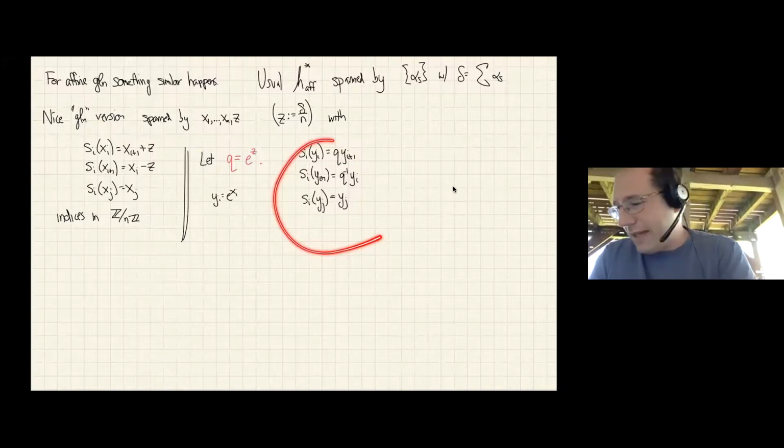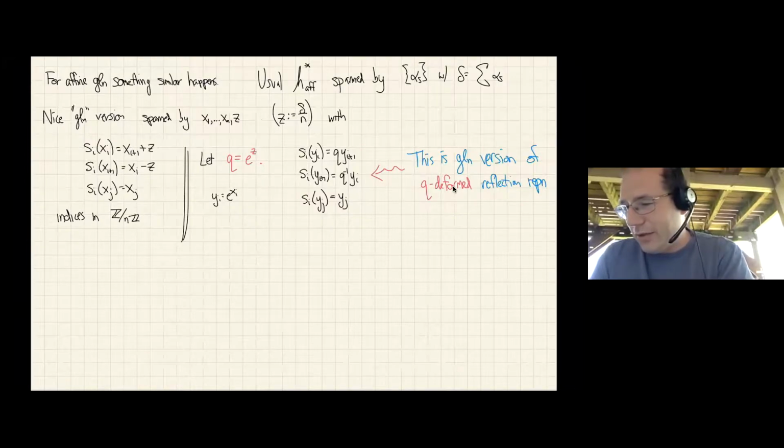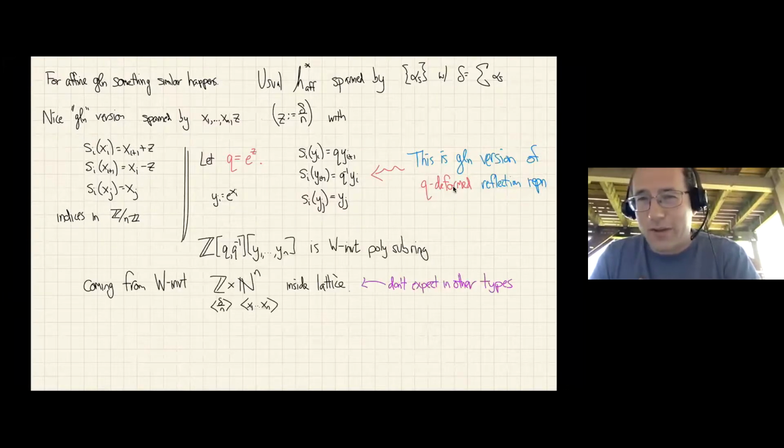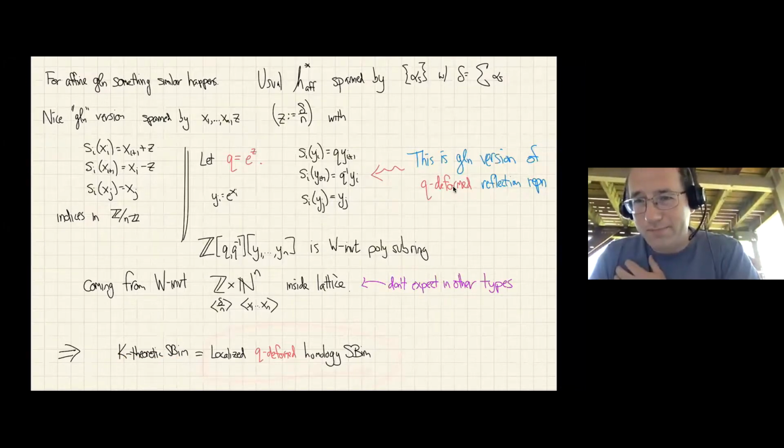So again, there's something almost like an orthant that's preserved by W inside. It just has the imaginary root needing the whole copy, the whole integers there. And so K-theoretic Soergel bimodules is just the localized version of the Q-deformed Soergel bimodules. So that relates the new theorem with the old theorem.